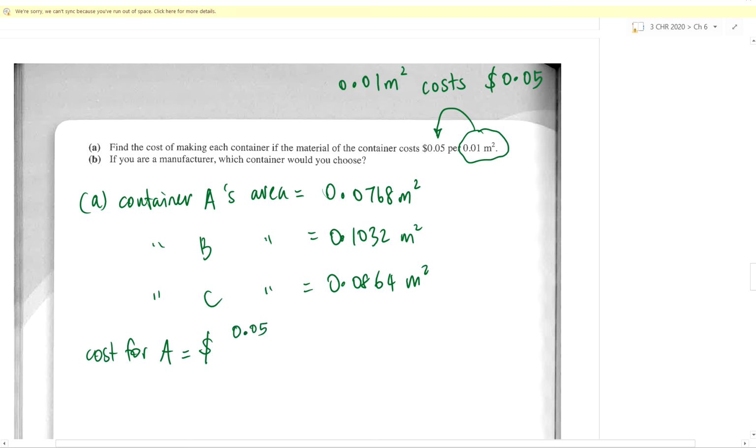0.05 divide by 0.01, then we multiply by the required area, 0.0768. 0.05 divided by 0.01 is 5.